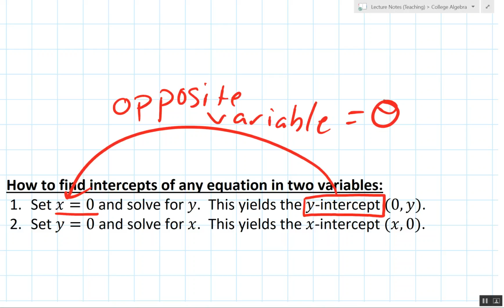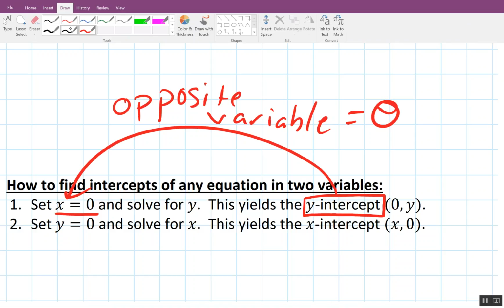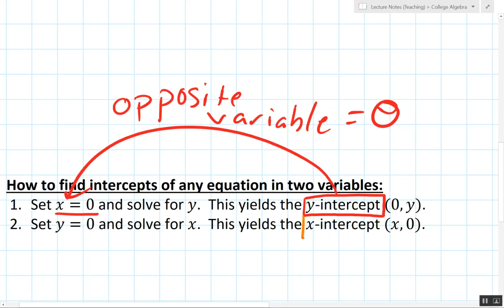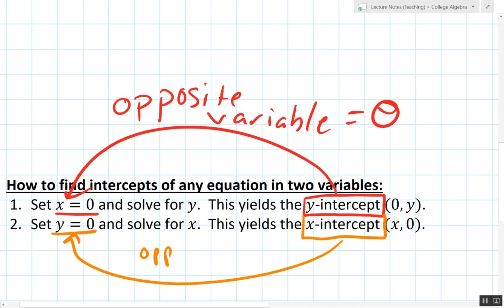When we try to find the x-intercept, notice that we set y equal to 0. So again, the opposite variable is equal to 0. Then we solve for the remaining variable, and that's what goes in for the coordinate that we're missing. And then 0 goes into the variable we set equal to 0.